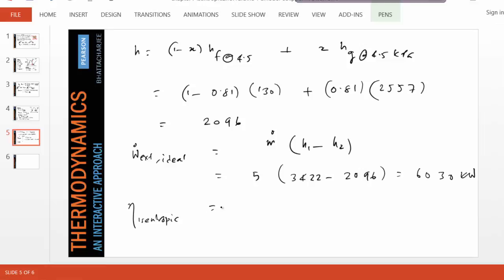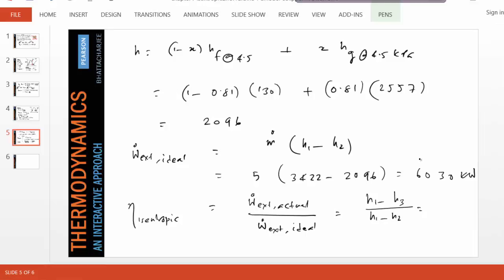So the isentropic efficiency, or the turbine efficiency, is what? W dot external actual turbine divided by W dot external ideal turbine. In this case, it will be h1 minus h3 for actual and h1 minus h2 for ideal.